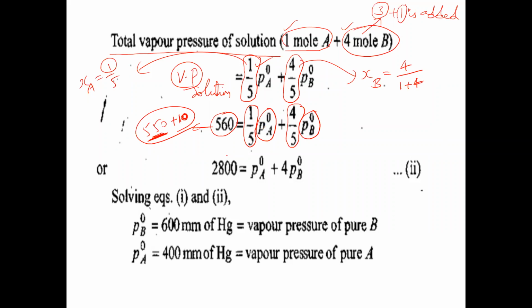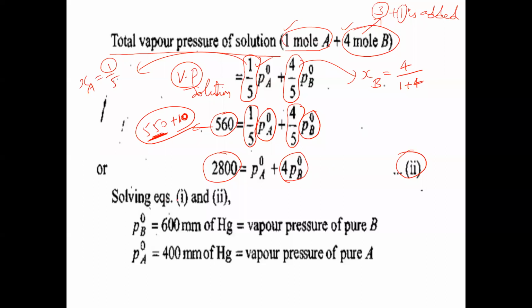On solving, we get 2800 equals PA naught plus 4 into PB naught. This is equation 2.